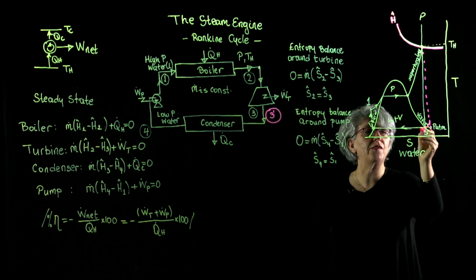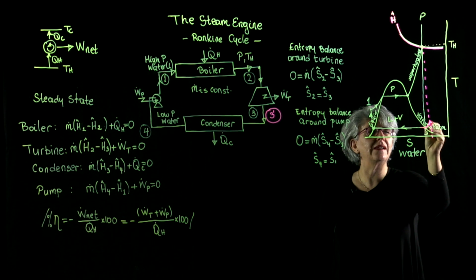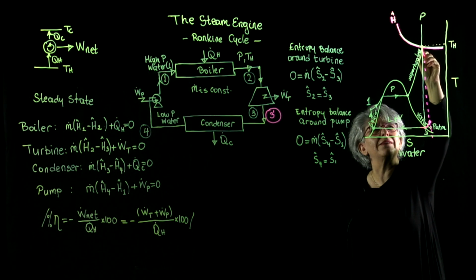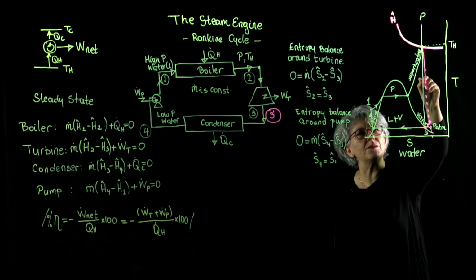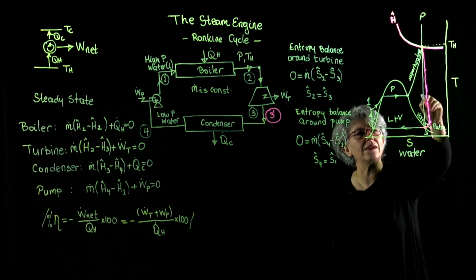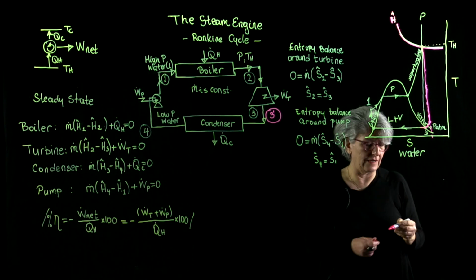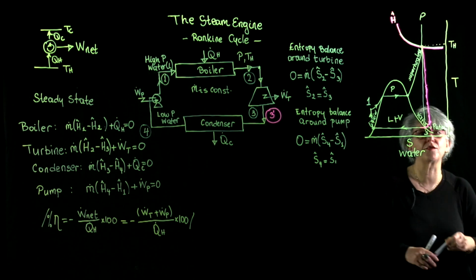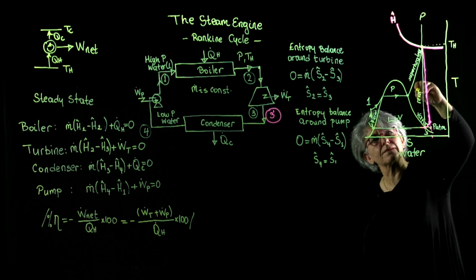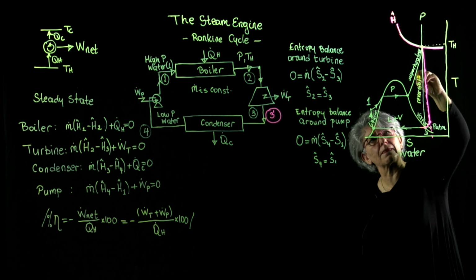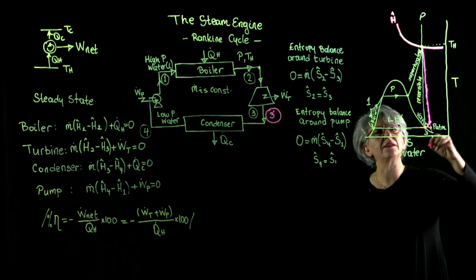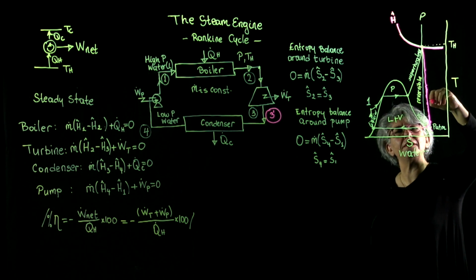As a result, we have to find the isobar, and we have to find the point where our irreversibilities are taken into consideration. So this yellow line is for the reversible operation of the turbine, and the pink line is where we have irreversibilities.